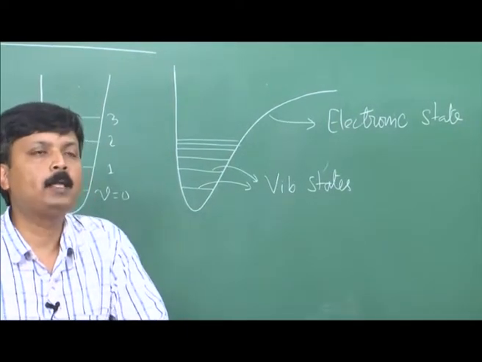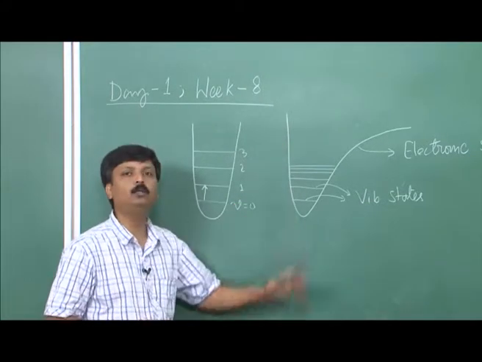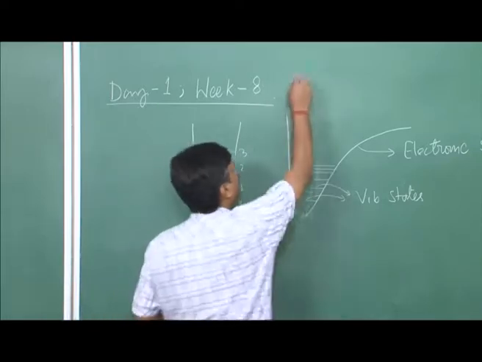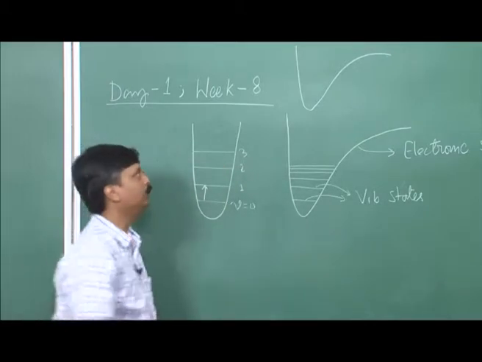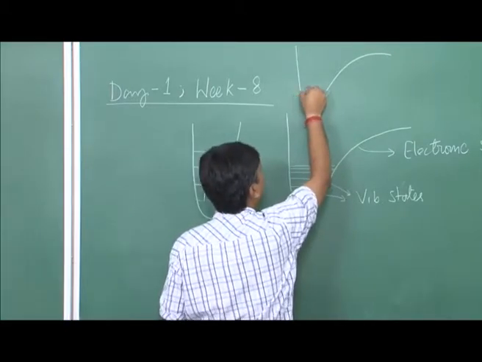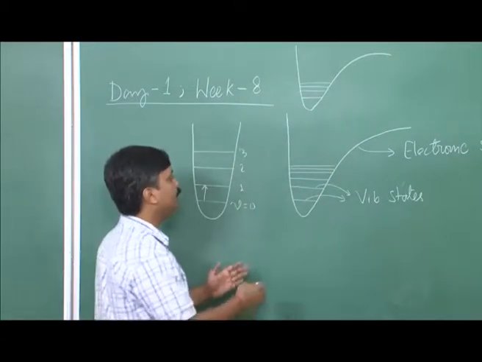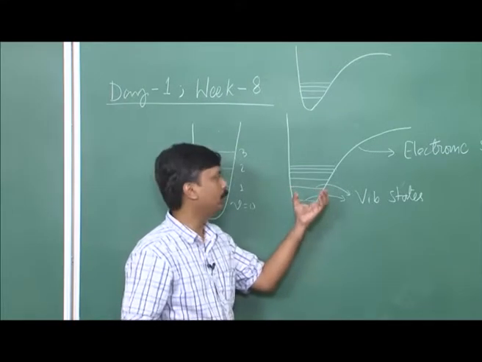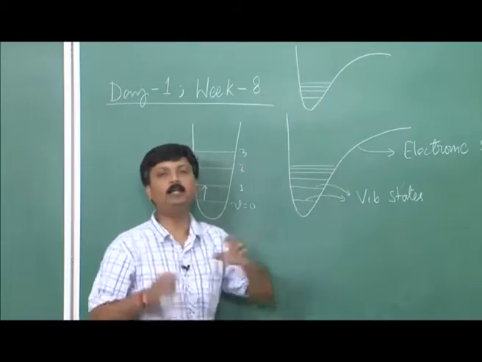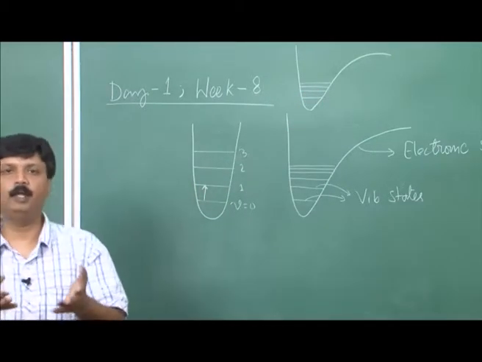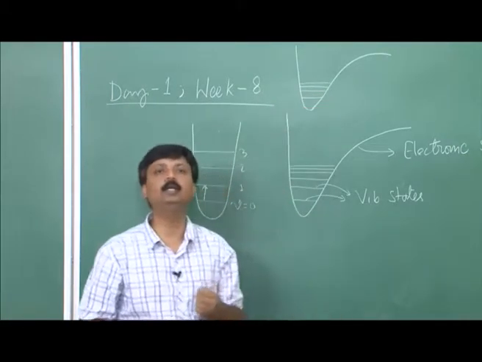So, if we have a situation where this is my ground electronic state and there is some other electronic state at higher energy which also has its own vibrational levels, then I can think about taking a molecule from here to this upper electronic state by giving some form of energy, preferably light, and this transition is called an electronic transition.